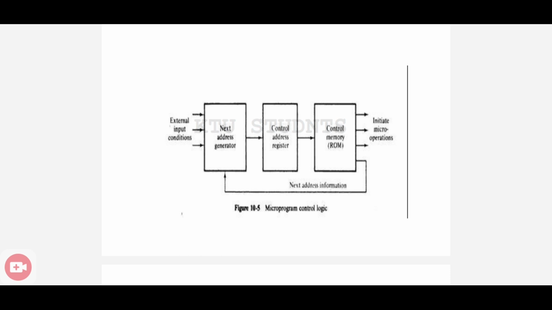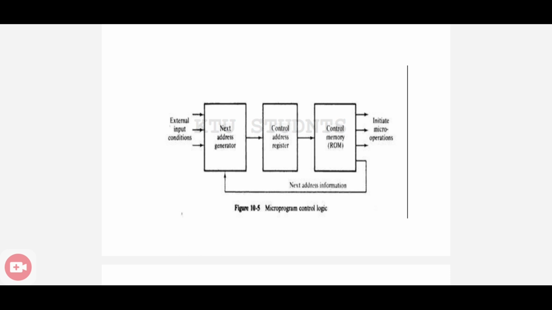And what is the use of the control address register? It stores the address of the control word. What is a control word? A control word is a micro instruction that is present in the control memory.